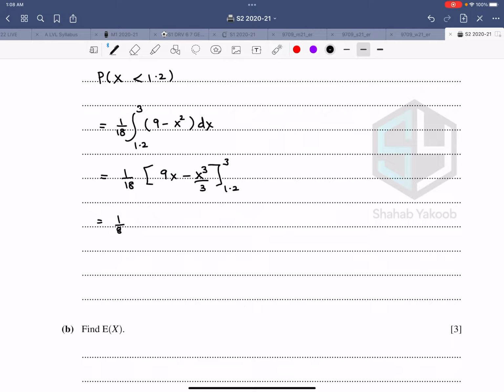Now it's between you and the calculator, that is 9 into 3 minus 3 cube over 3, and this is 9 into 1.2 minus 1.2 cube over 3, and then you evaluate it and you get this answer for probability. So that is the working for this particular part.